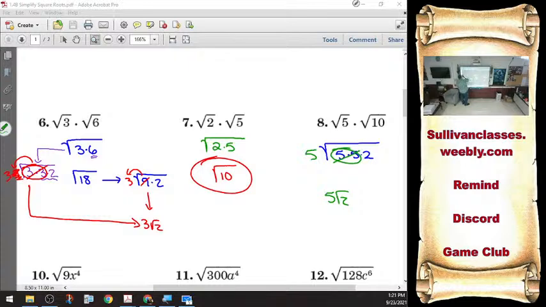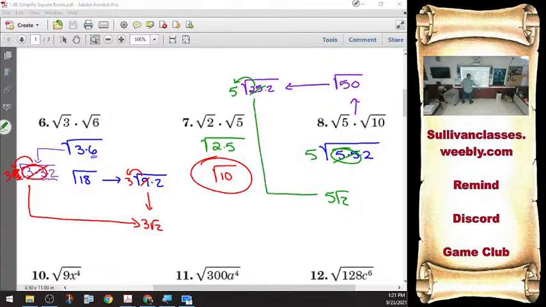Now I can do it that way, or if I had actually jammed them together to square root of 50, could I have written that as 25 by 2? And then the square root of 25 is 5. Still the same thing. Different ways to do it.